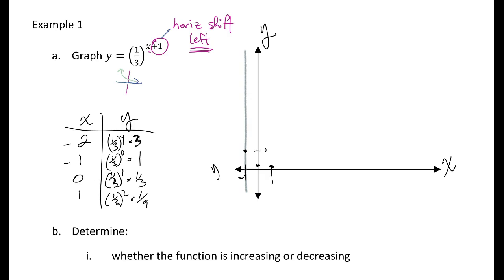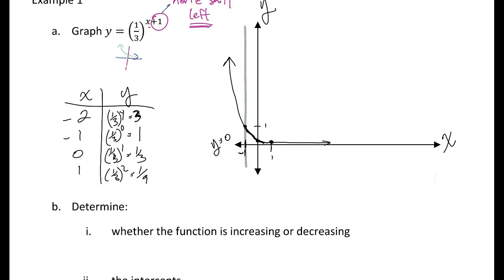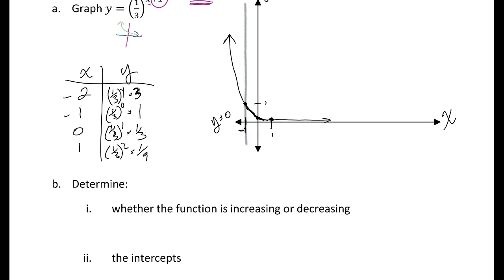But remember also to label your asymptote of y equals 0 there. And now I can graph this. Okay, so if that imaginary axis helps you place your shape, go ahead and do that. There we go. That's my function. So it is decreasing.